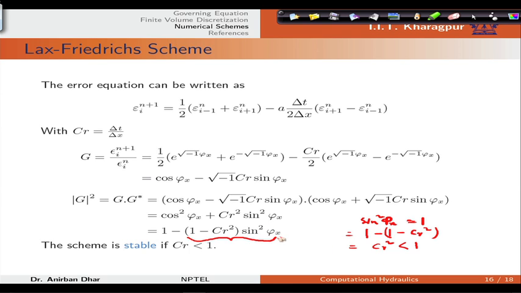Another extreme is when the sin square phi x term is 0. Then obviously that is neutrally stable.